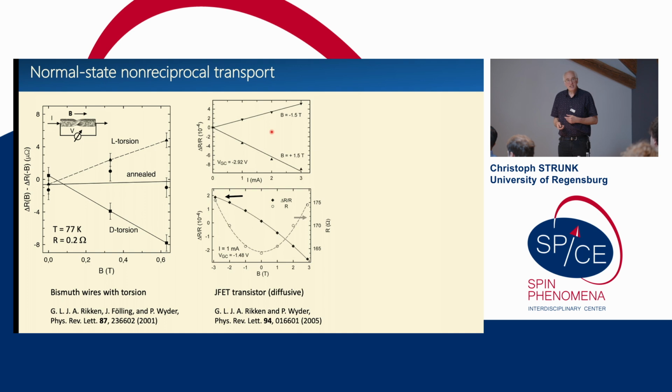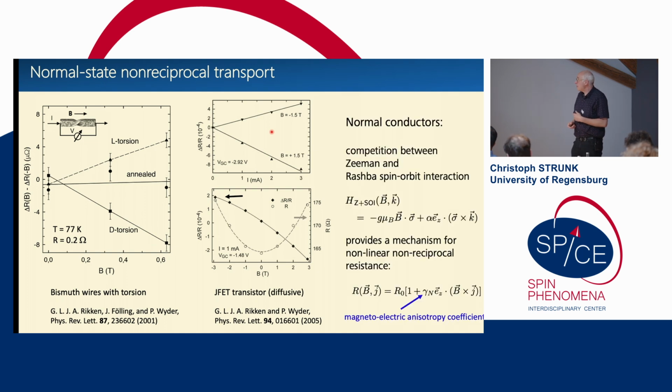The explanation at that time was given in terms of Rashba spin-orbit interaction. So there is a competition between Zeeman fields and here the Rashba Hamiltonian, where you can actually identify the sigma here, the spin, with the magnetic field, and the k here with the current.